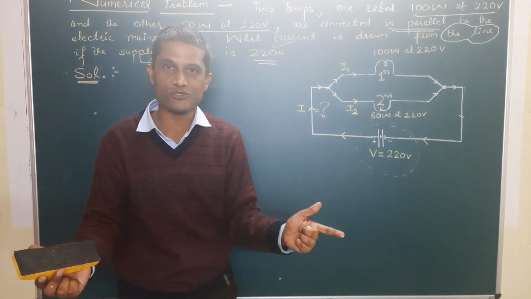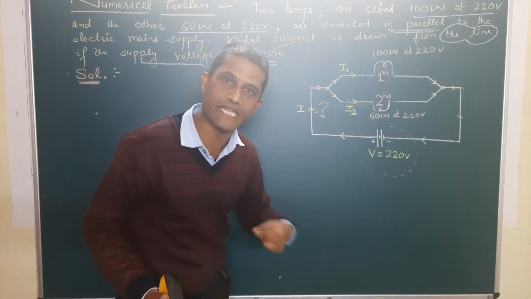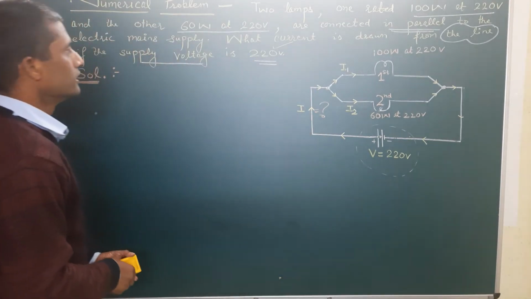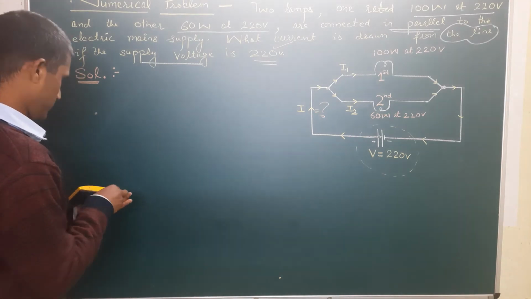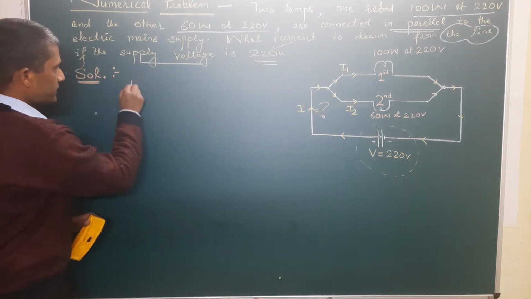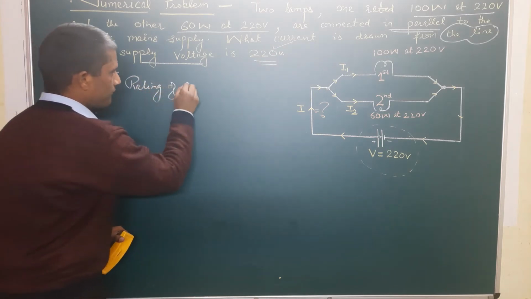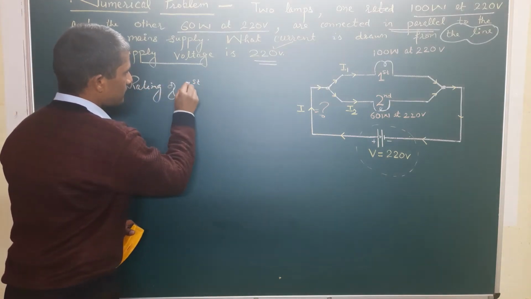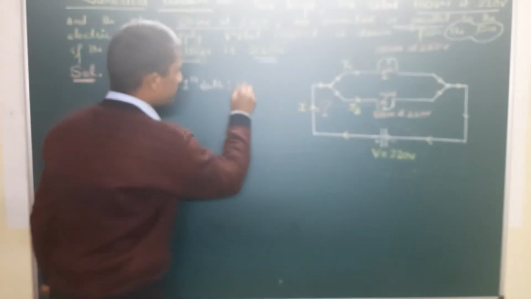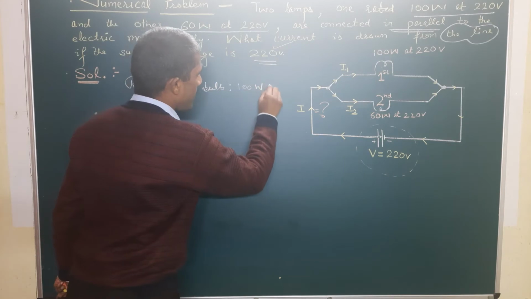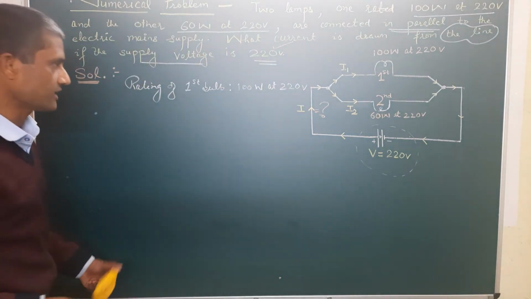So the roadmap is quite clear here. We only need to walk on that path. So let us walk. Two lamps, one rated 100 watt at 220 volt. So here it is, rating of first bulb, and what's the rating? 100 watt at 220 volt, and I have mentioned what the rating is all about.